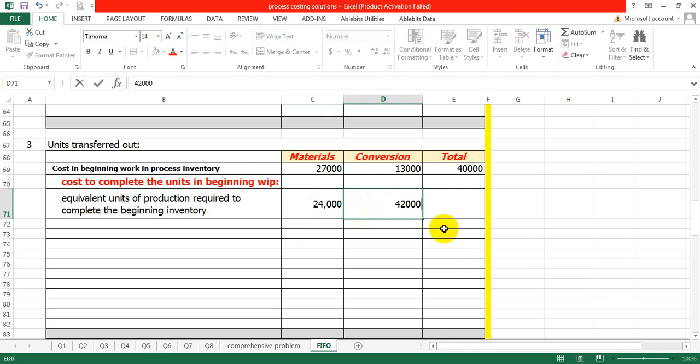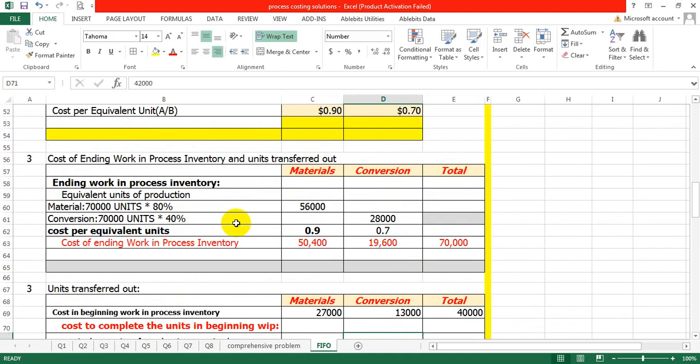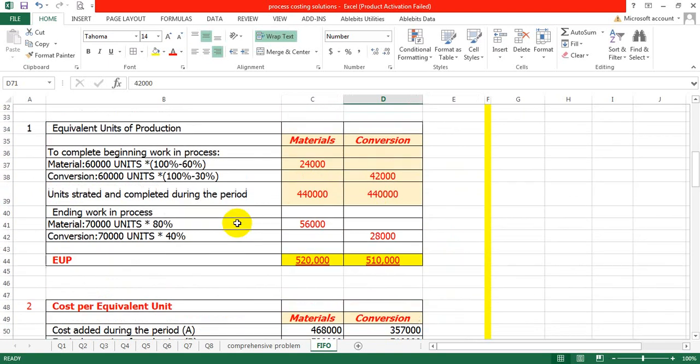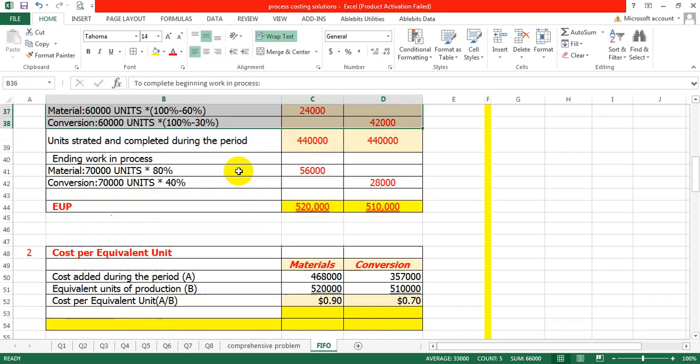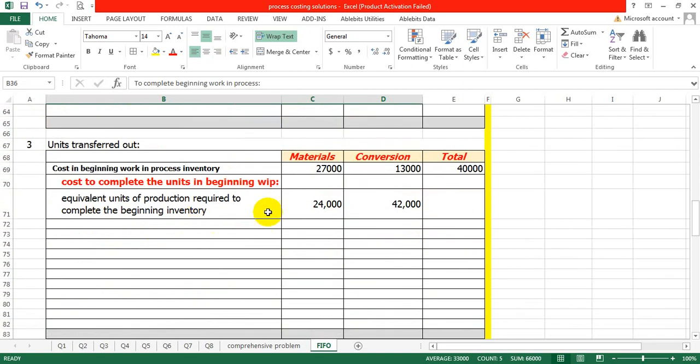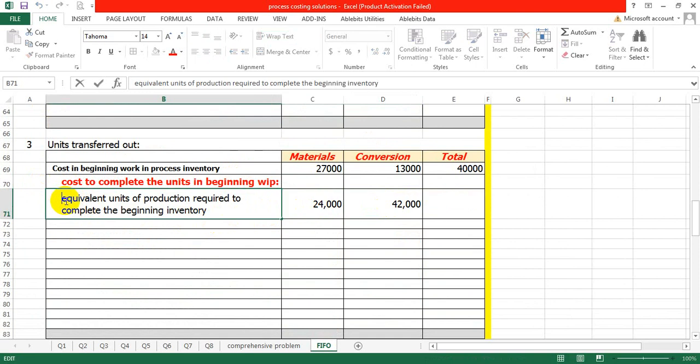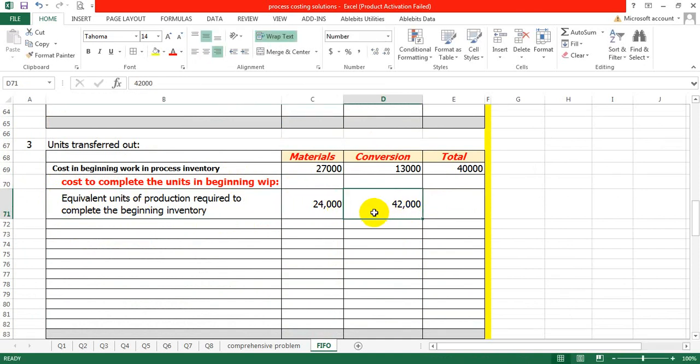From where did we get these two values? Okay, check. 24,000 is here. To complete beginning work in process, the material units are 24,000 and 42,000. So we have taken these as the equivalent units of production required to complete the beginning inventory: 24,000 with respect to material and 42,000 with respect to conversion.